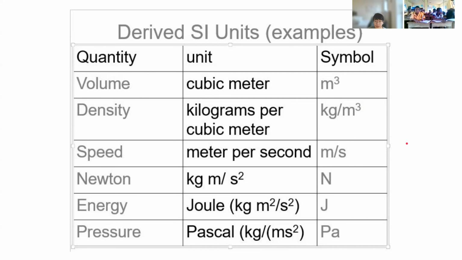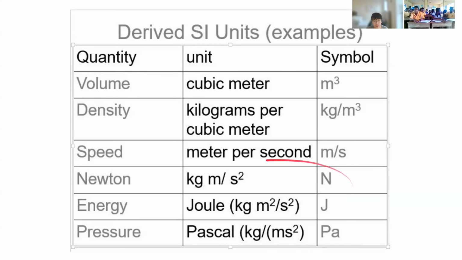Density cannot really have a single symbol. It's a combination of symbols: kilograms per meter cubed. For speed, it's also measured in meter per second, so it's derived.